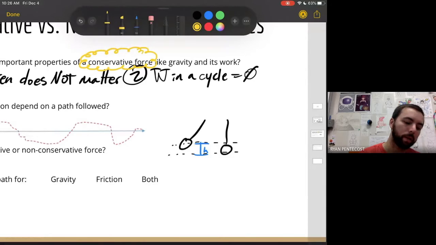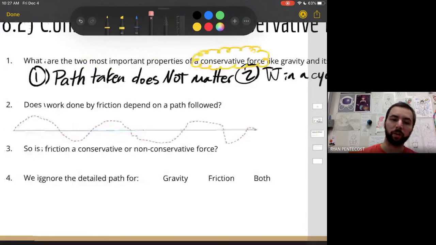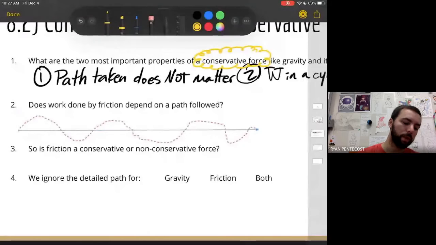Okay. Now, let's talk about a non-conservative force, like friction. So if we look at these two paths, an object took the blue path and an object took the red path.